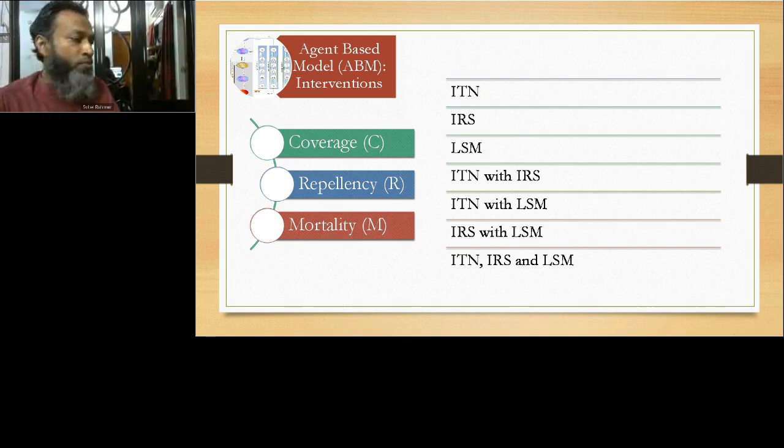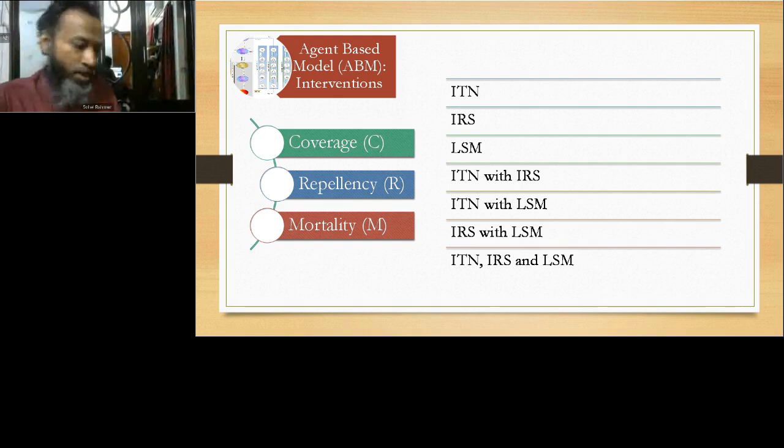So coverage means how many houses within the landscape will be covered by this particular intervention. In quantitative terms, maybe we are providing 100,000 mosquito nets and so on. Repellency is for a particular mosquito intervention: what is the fraction of mosquitoes who will be repelled by this intervention?